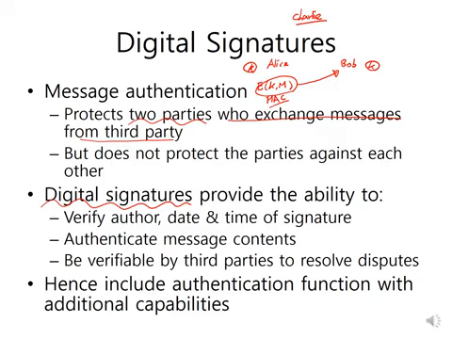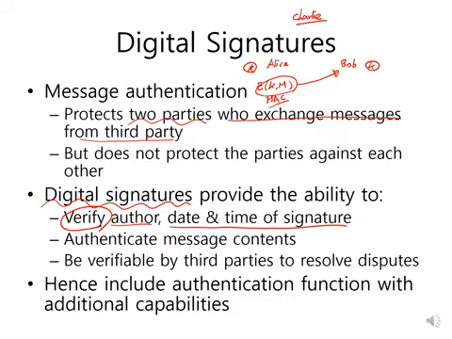Data signatures can provide the ability to verify the user and the date and time of the signature generation. If there is a data signature, then we can uniquely verify a specific user and their actions.